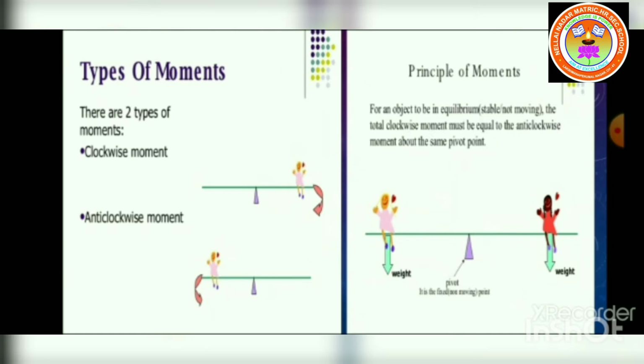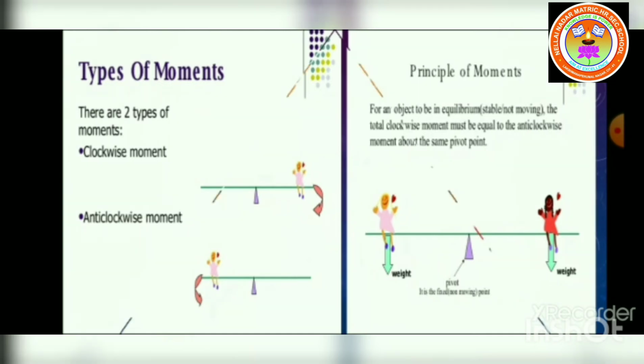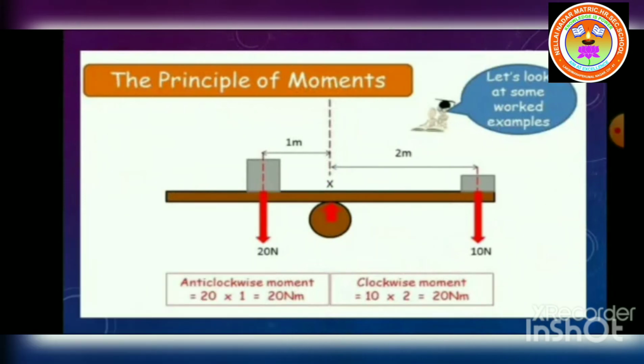Stable or not moving. The total clockwise moment must be equal to the anti-clockwise moment about the same pivot point. Let's look at some worked examples.